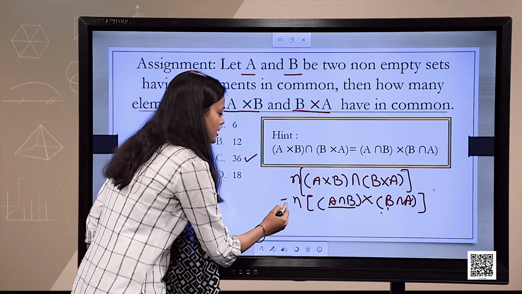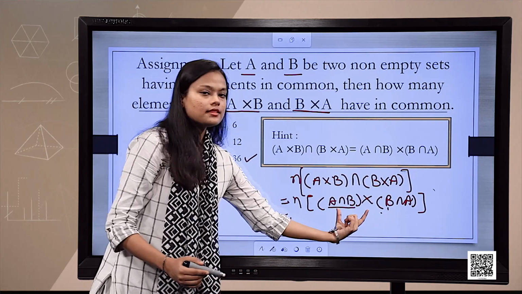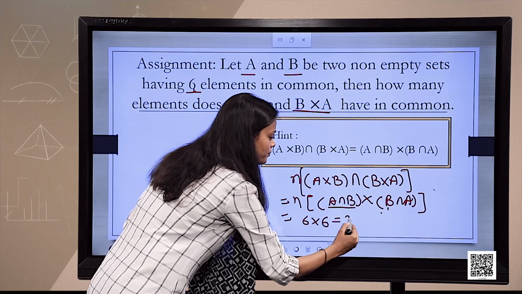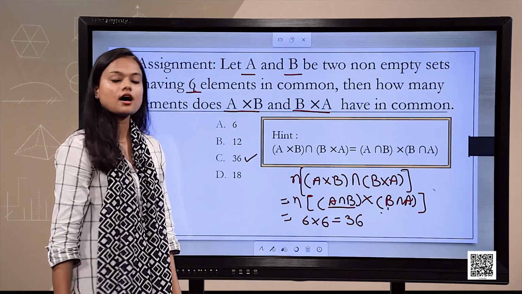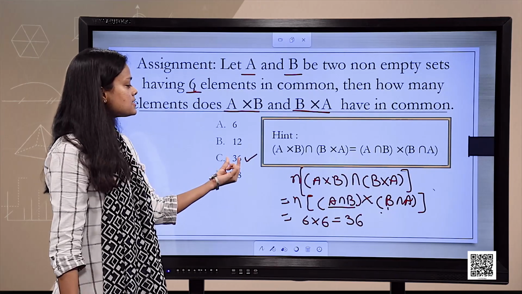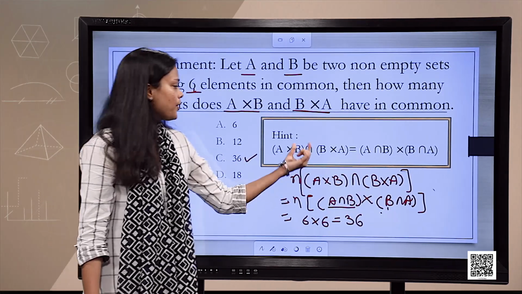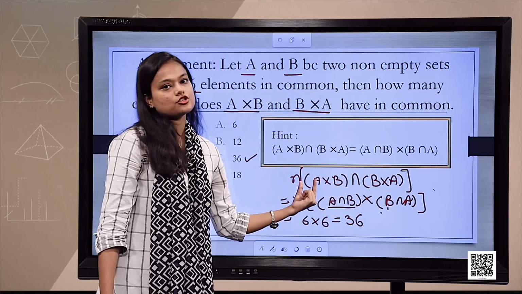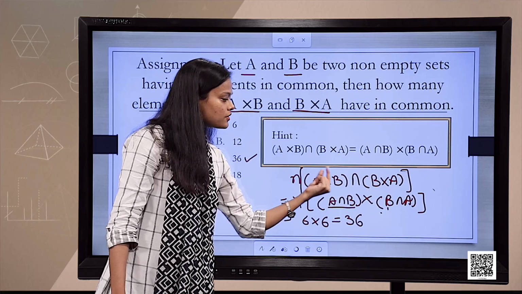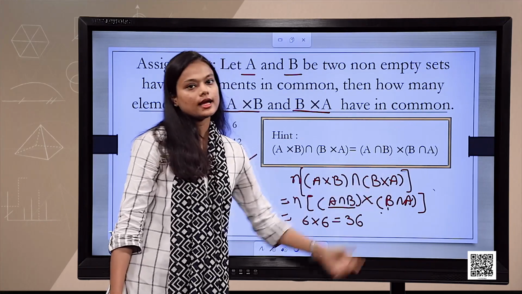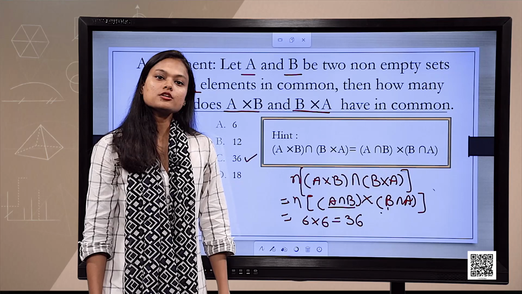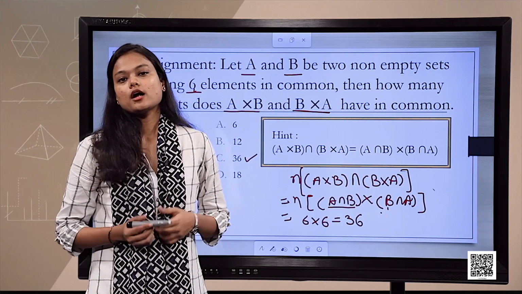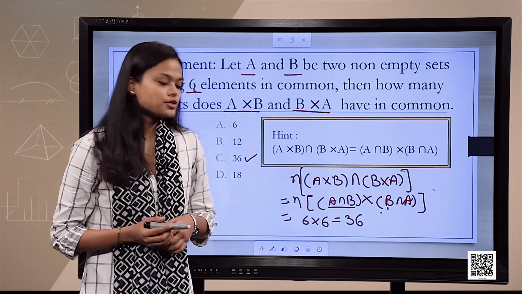So, the number of elements in this becomes 6 into 6, which is equal to 36. This is how we are getting this answer. 36 elements are common in these two Cartesian products when we take the product of A with B and B with A. Hope you have understood.